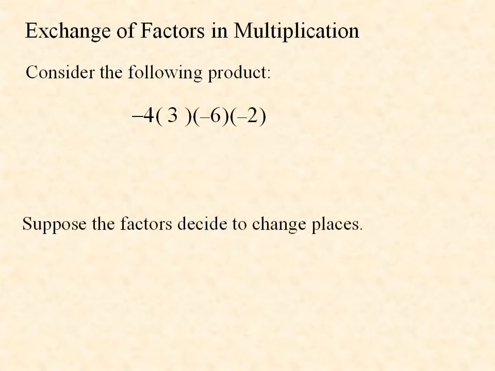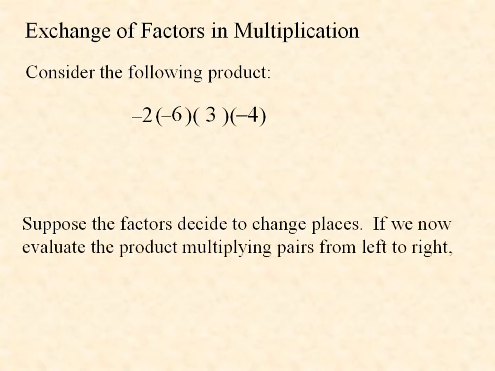Suppose the factors decide to change places. If we now evaluate the product, multiplying pairs from left to right, negative 2 times negative 6 is 12, and then times 3 times negative 4.